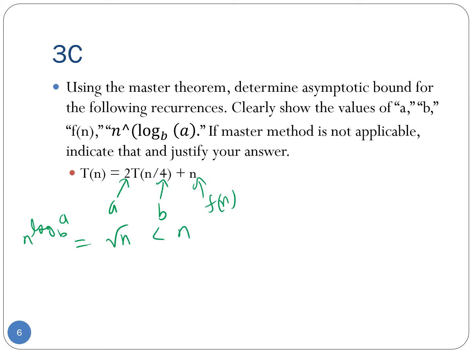So this implies perhaps case 3 of the master theorem, but we still need to check two more things. So first of all, this f of n should be growing polynomially faster, at least polynomially faster than square root of n. So let's check whether that is true, right?